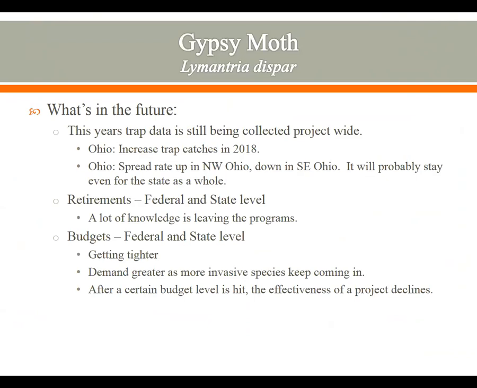Another concern is budgets, federal and state level. They're getting tighter. Everyone sees that. The demand is growing more and more as more invasive species are coming in. Right now in Ohio, we've got the Asian longhorned beetle that we've got 60 state and federal people working on down in West Ohio, and that takes a lot of money.